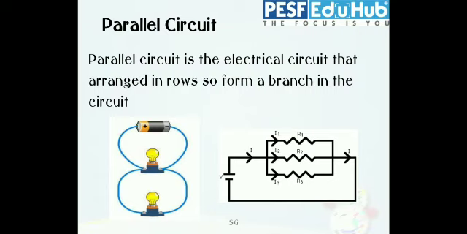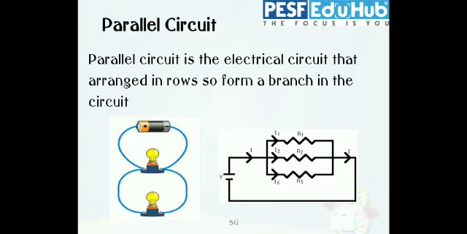That is the difference. In a series circuit, the current flowing through each resistance is the same, but the voltages are different. But in the parallel combination, the current through each resistance is different, but the voltage is the same.